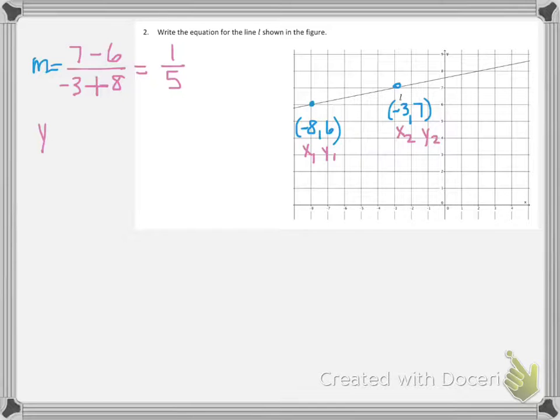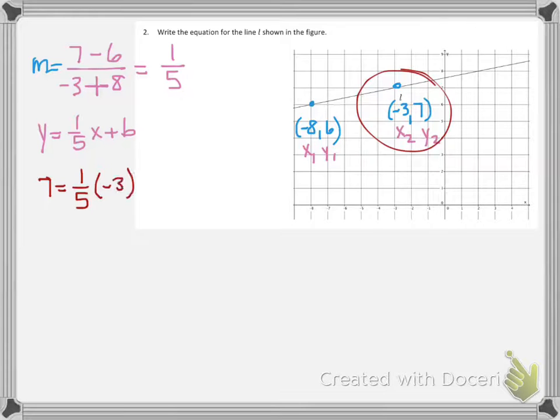So y equals the slope 1/5 times x plus b, and I need to calculate b again. So I'm going to use one of my points. Doesn't matter which one. Let me use this one this time. Y is 7, so 7 is equal to 1/5 times x, which is -3, plus b.